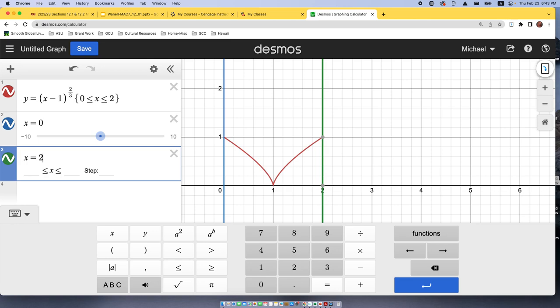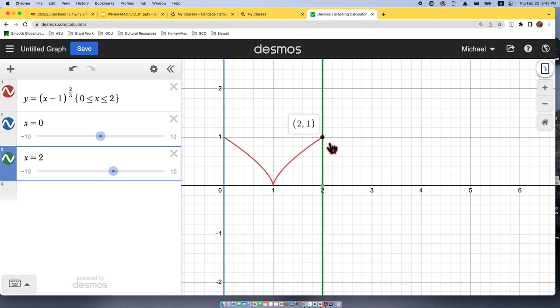Once you've got those vertical lines, Desmos is really good at finding intersections. So if you want a y value, you put y equals, and that gives you a horizontal line, and you can find that intersection. If you're looking for when x is this value, you can do vertical lines with Desmos. But you can't do that with a TI-84 calculator. You can do horizontal lines, but you can't do vertical lines. So it's kind of cool.